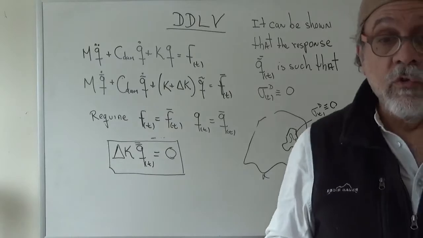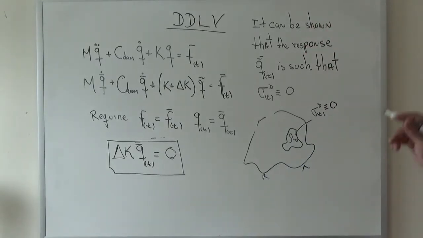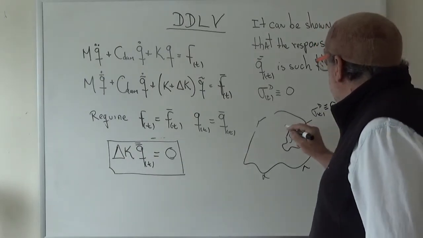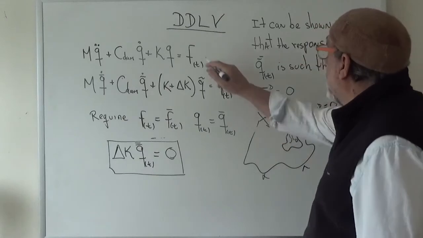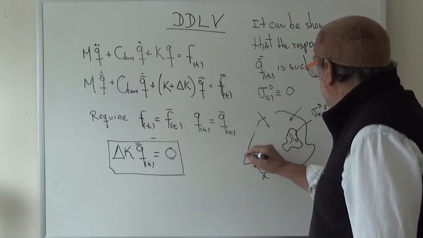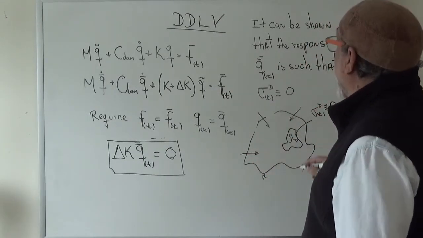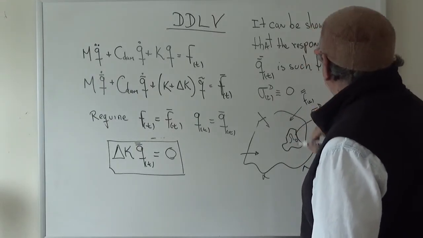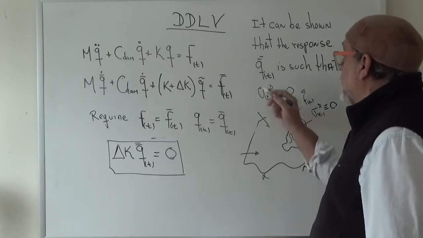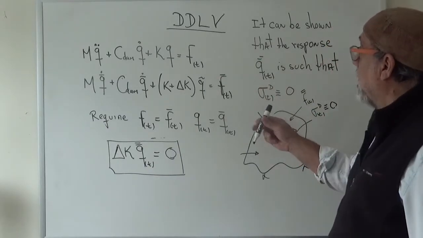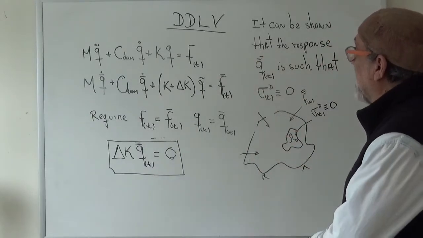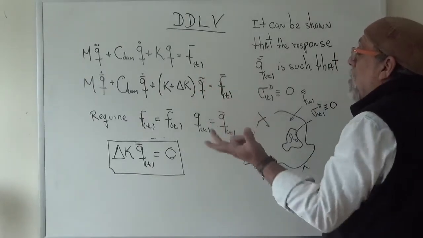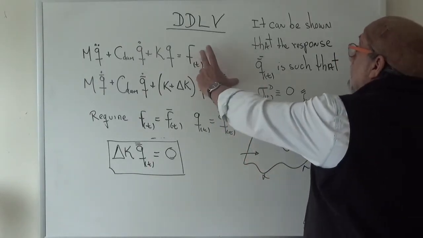Okay? So what we seek to do in the DDLV approach is to determine what are the loads on this side, what are the loads F T double bar, if you'd like, for which this is true. Notice that in this derivation, what I said simply is that they were equal. I didn't say what it was. They are equal.